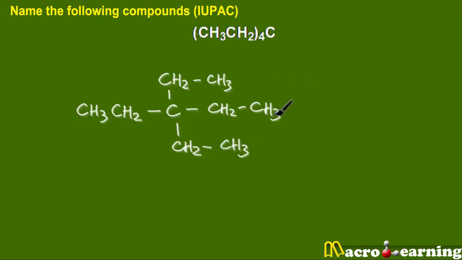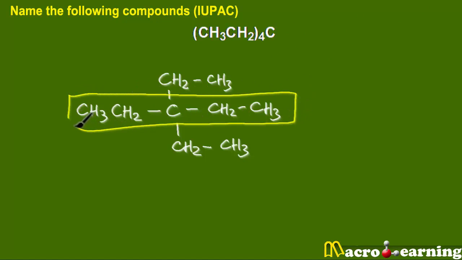Okay, that's it. So the main chain would be just this 5 carbon chain, which is a pentane. And the substituents are here and here.